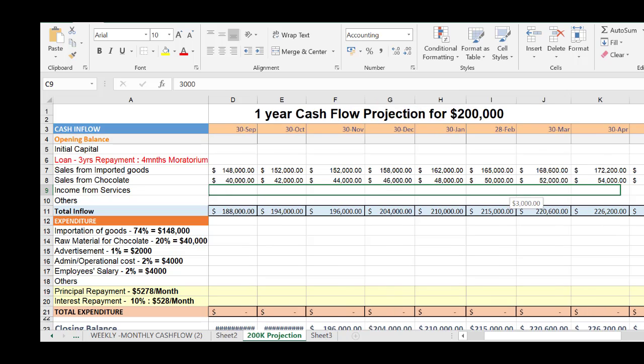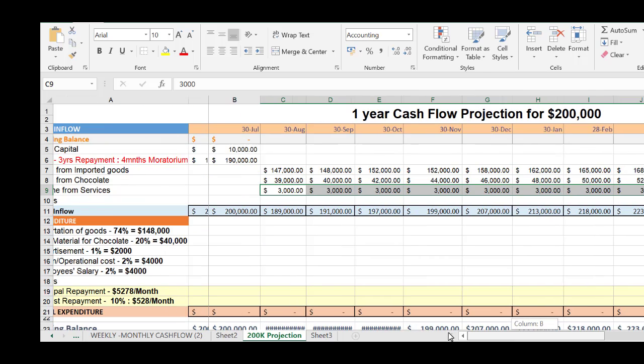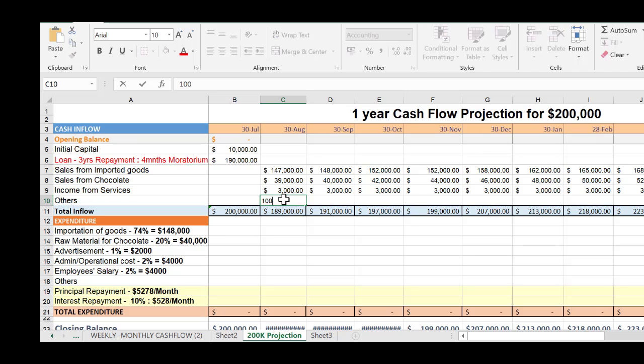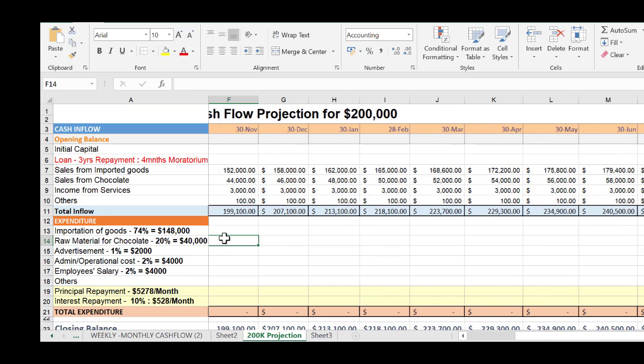So we are going to be projecting it this way. That's fantastic. Then others, maybe other services, $100. All right, that's good.